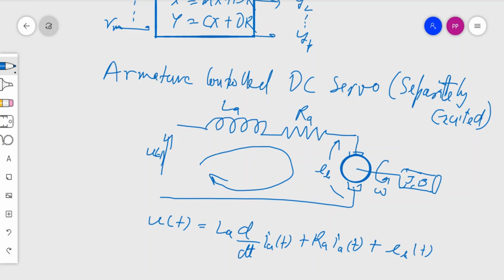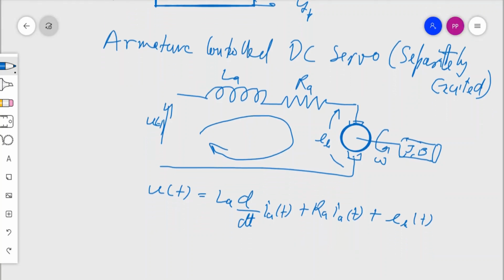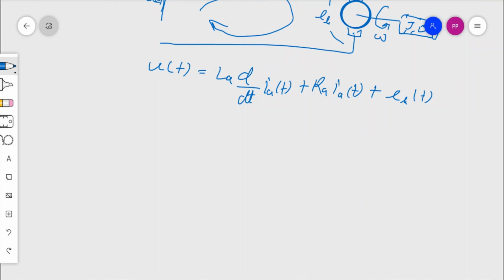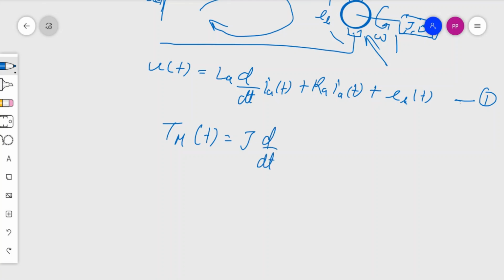Then we have the torque generated. So I write the equations gradually. This is equation 1. So the torque generated over here, this motor generated torque is Tm at t equals J d by dt of omega t plus B omega t.